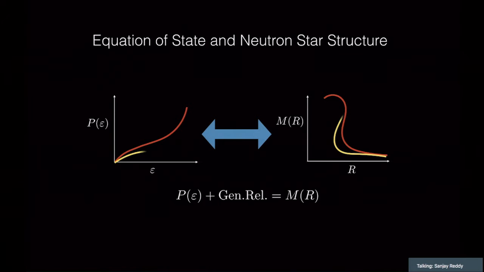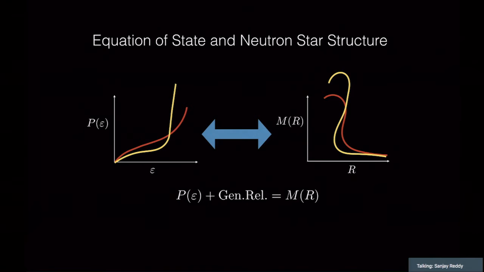So for example, imagine that you had two different equations of state, one shown by the red curve and another shown by the yellow curve. The red curve has higher pressure at lower density and lower pressure at higher density. Now the type of neutron star it makes is shown on the right panel.